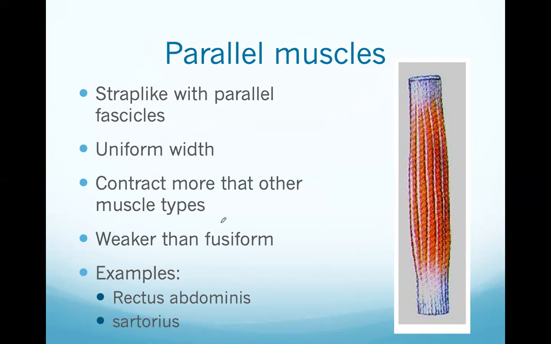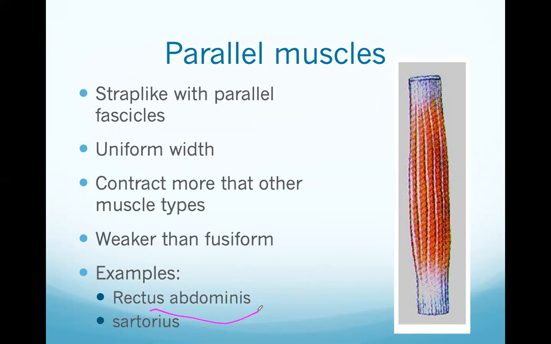They contract more than other muscle types. However, they are weaker than the fusiform. Some of the best examples of parallel muscles are the rectus abdominis. Typically, people call this your six-pack. These are the muscles that form the mid portion of the abdominal muscle.